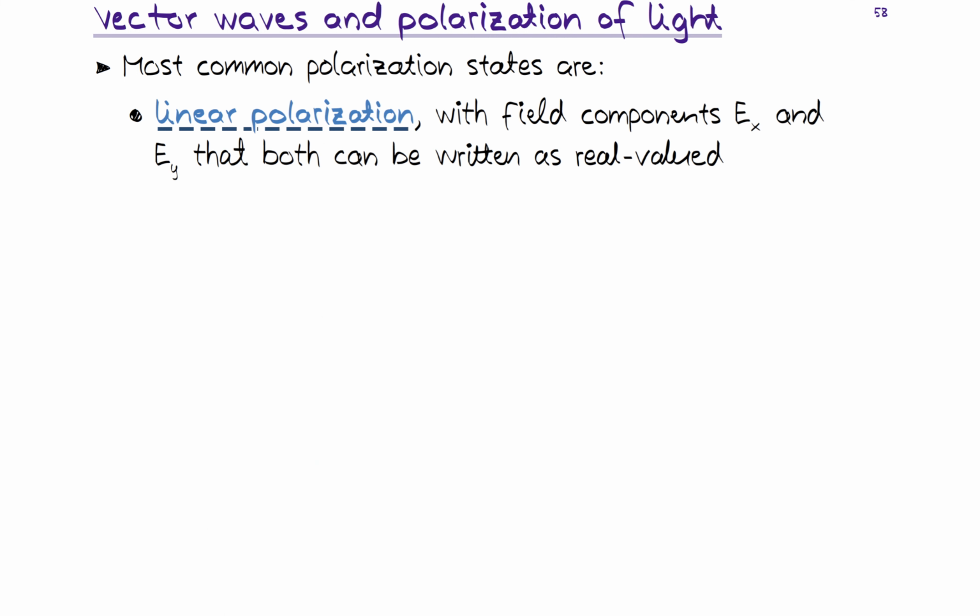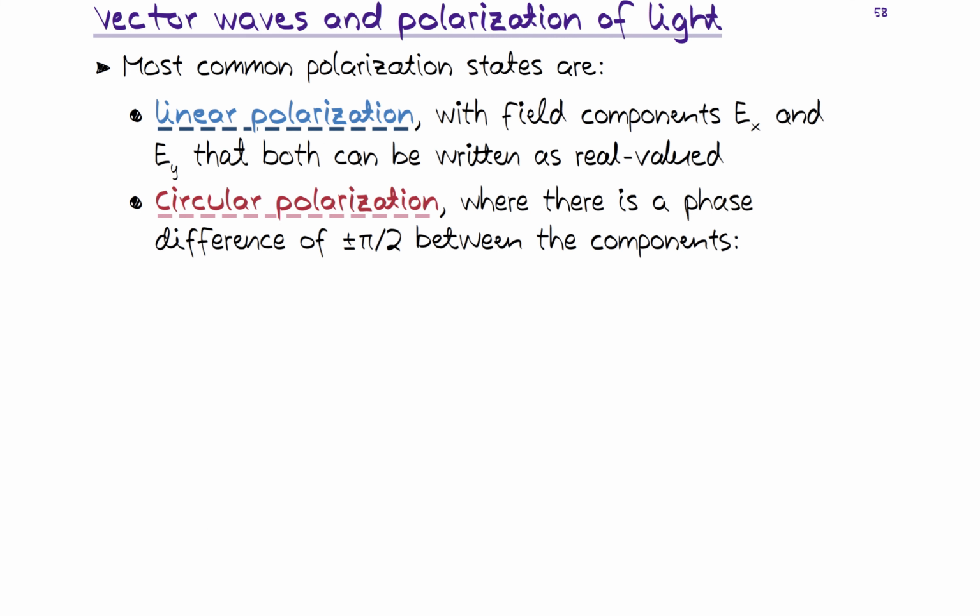In this case, I will have a phase difference of plus minus pi over 2 between the different components. So mathematically put, I can write my Ey component of polarization as the exponent of plus minus i pi divided by 2 times the Ex component. In other words, I can write the exponent more simply as plus minus the imaginary unit, and the Ex remains unchanged.